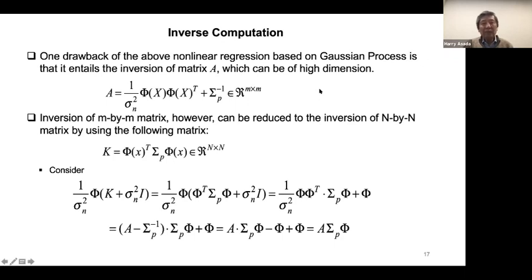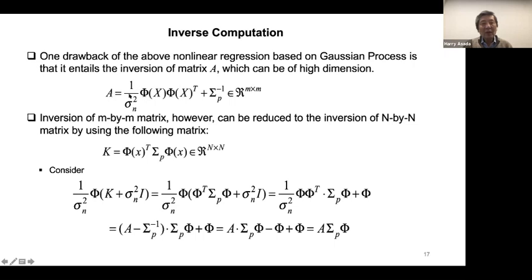Now, there's one important point to mention, and there's an interesting trick. One drawback of the above nonlinear regression based on the Gaussian process using this kernel function is that it entails the inversion of matrix A, which can be of high dimension, or in the worst case, infinite dimensions, right?